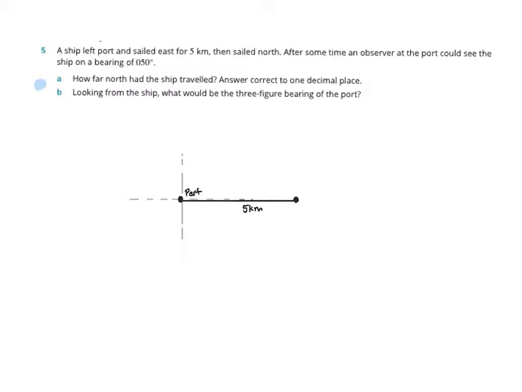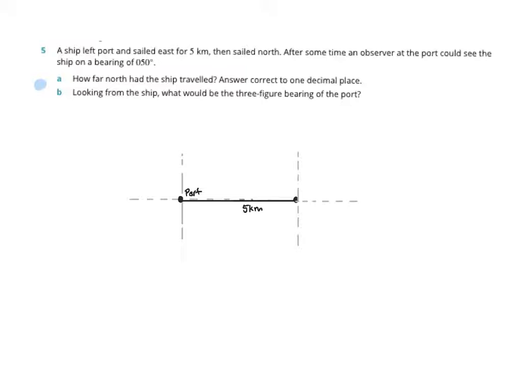He then's going to change his direction, so first you put a little compass in on it, so we do a little compass on that new point, and he sailed north.